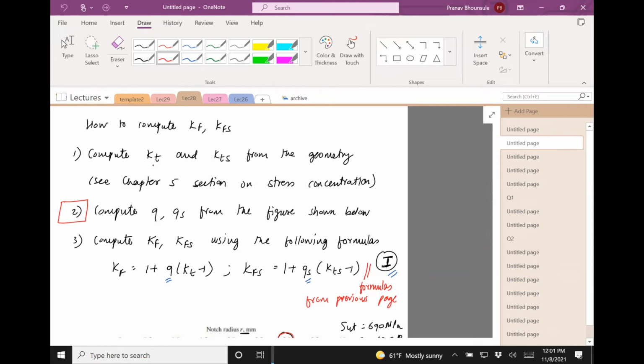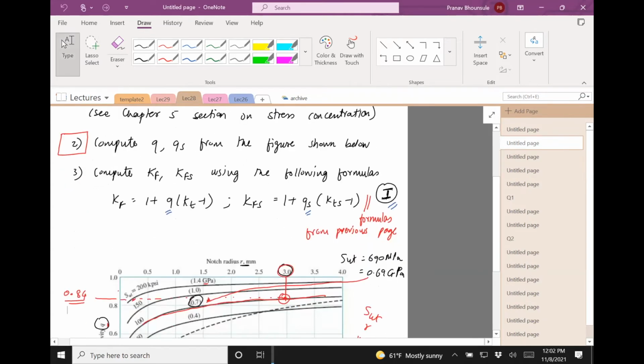By the way, I posted all the appendix on Blackboard. I think if you go to the homework tab and scroll all the way up, you should see all the appendix, so you can use that henceforth for computing any values. Once we get Kt and Kts, we need to compute the notch sensitivity q, and then once we do that, finding Kf is just a matter of using those formulas labeled as 1.